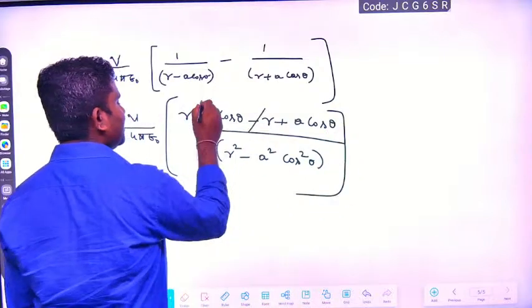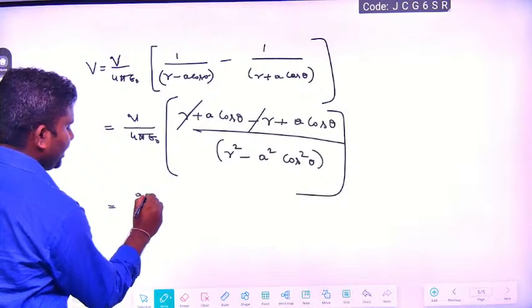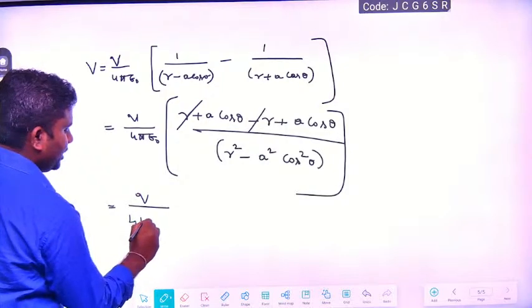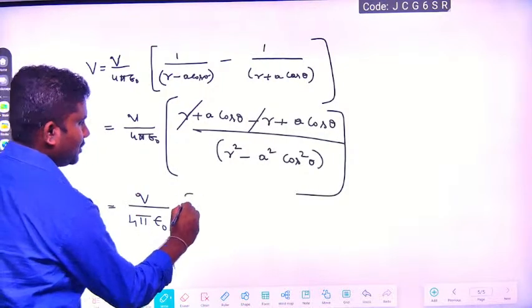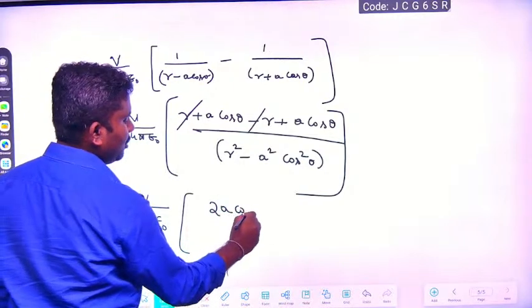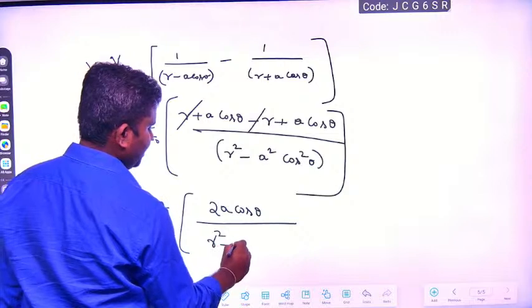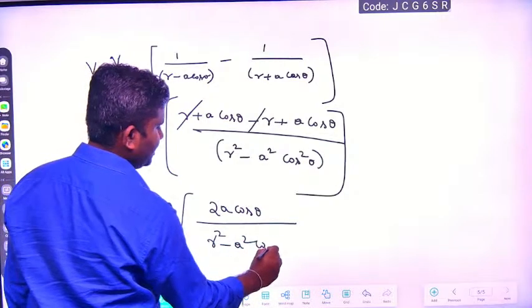The plus R and minus R cancel. What you will get finally is Q divided by 4 pi epsilon naught, A cos theta plus A cos theta is 2A cos theta, divided by R square minus A square cos square theta.